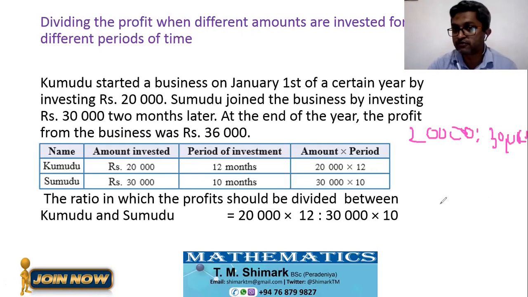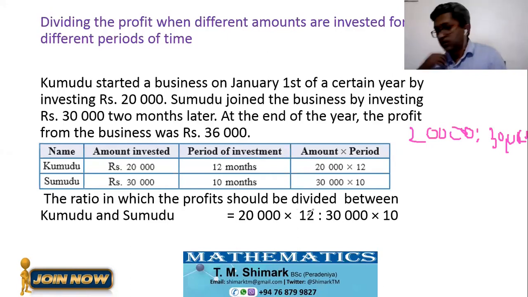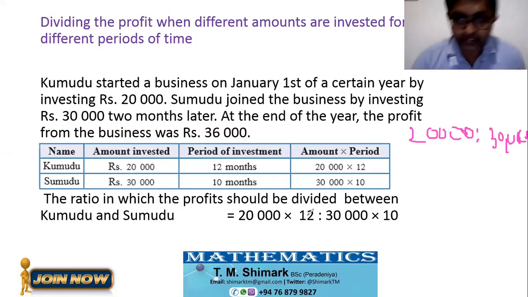But since the time period is different here, 2 months different, not exactly the same, we multiply with the months and get the ratio. Now 20,000 multiplied by 12, 30,000 multiplied by 10.